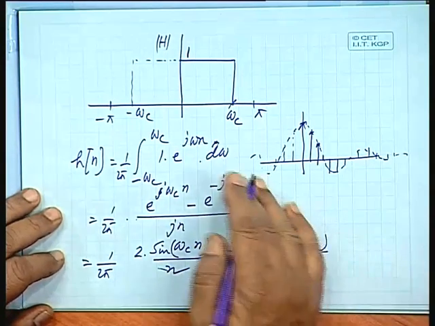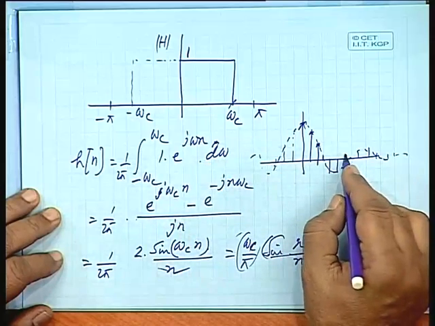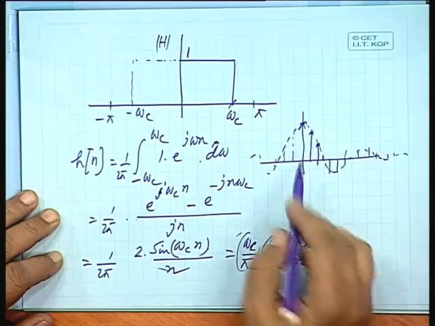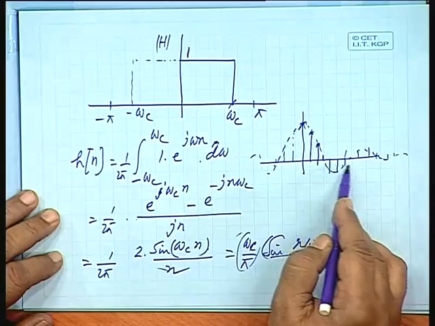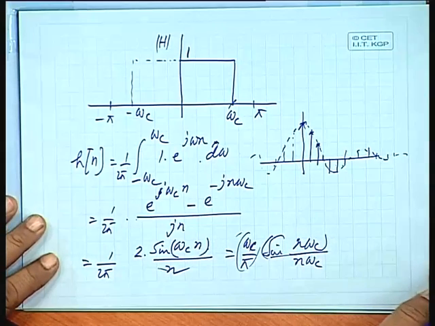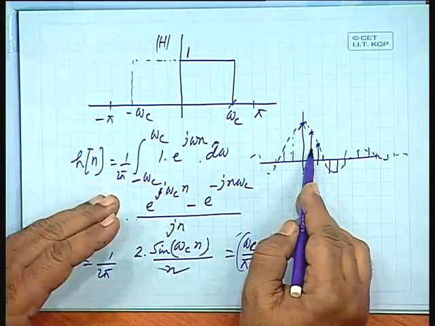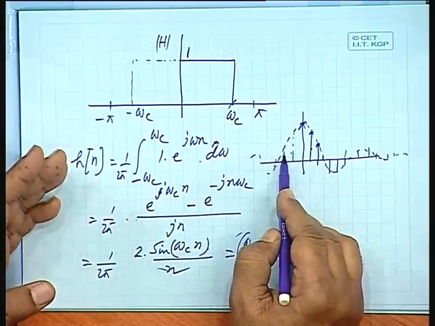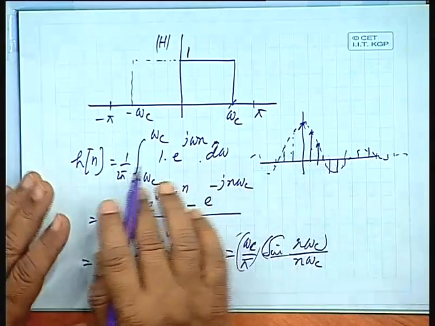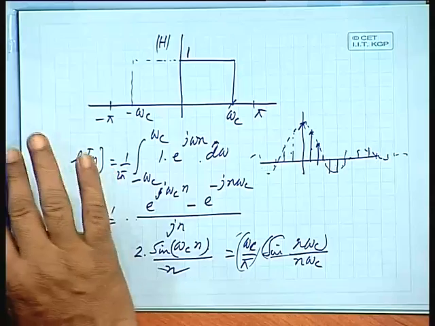So, if I now truncate say at the 10th term, this is h0, h1, h2, h3, h4, h5 and up to the 10th term. I take h minus 1 as h plus 1, h minus 2 as h plus 2 and so on. Okay. And then give it a shift by 10 steps, then what do I get? A 21 point sequence. The middle one is h0 and then there are 10 terms after this. There are 10 terms before this, I am considering them and then give it a shift.